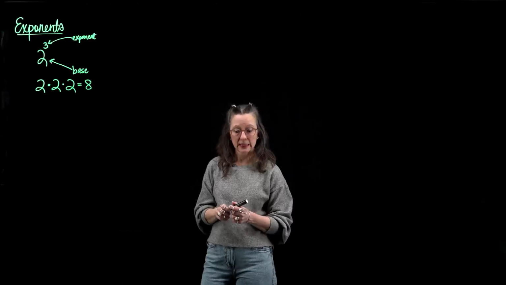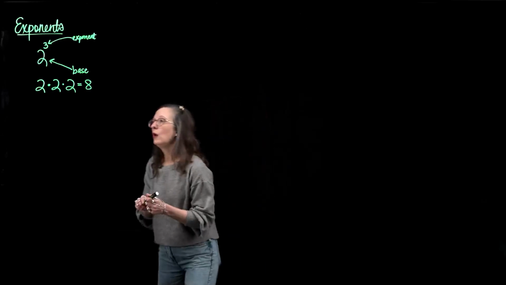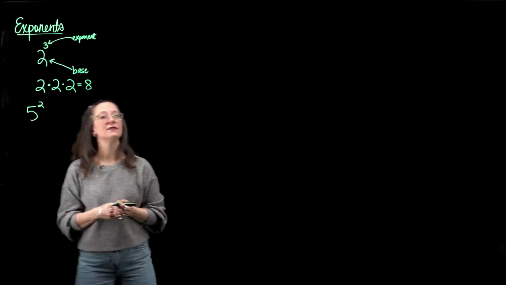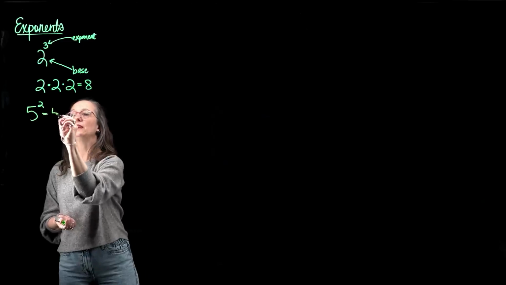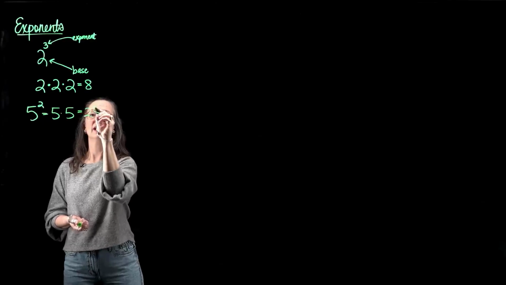So let's look at some examples and different ways that we might see exponents. If I had 5 squared, or 5 to the second power, this would just be 5 times 5, which is 25.